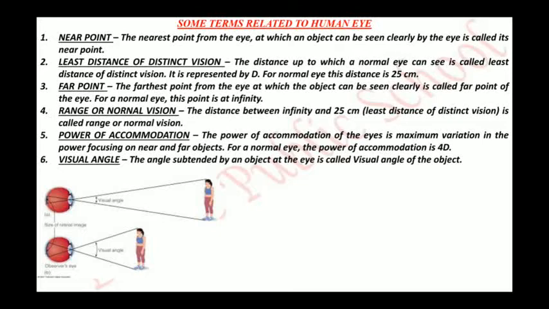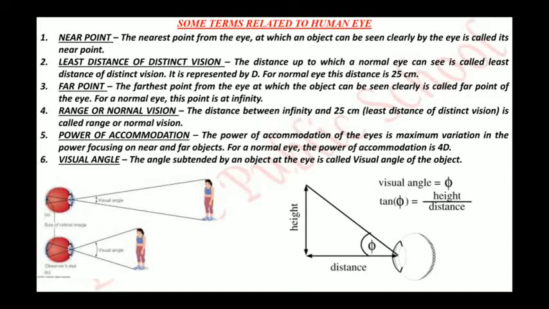So for our convenience, we make the triangle a right angle triangle by putting our eye parallel with the toe, or bottom, of the object. In that case, the triangle becomes a right angle triangle, and the visual angle is phi. If phi is very small, then tan phi will be equal to height upon distance. So this is the formula for visual angle.